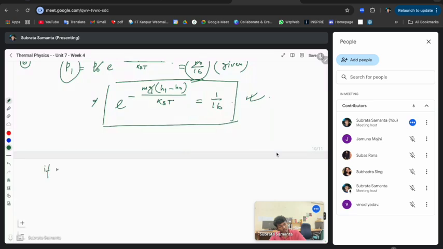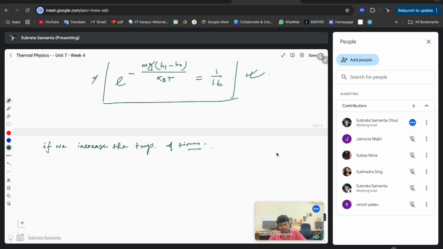So if we increase the temperature 4 times, so that means T to 4T, then the pressure is P1 to P2.